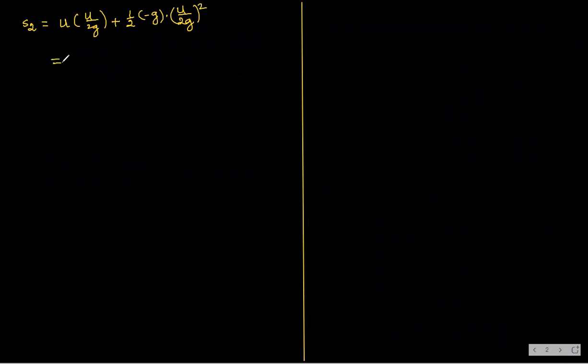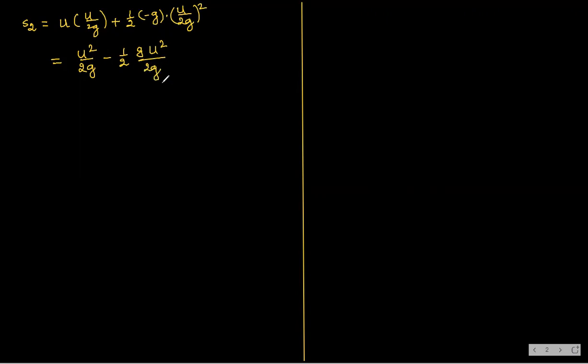So now what we are getting here, u into u square divided by 2g, this is minus half g u square divided by, this is 2g again. Yes, no?